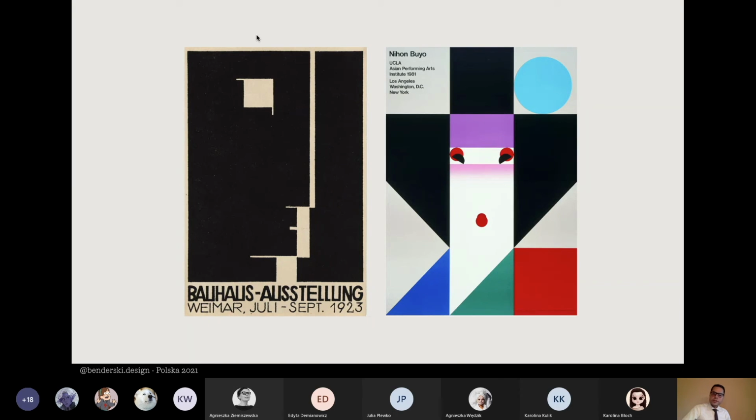So I asked this question: what if this Bauhaus man meets this geisha and has a son? The geisha poster was designed in the 80s by Ikko Tanaka, a Japanese designer. He came to Los Angeles in California, United States, to give a talk, so he brought the Japanese culture to express the topic.